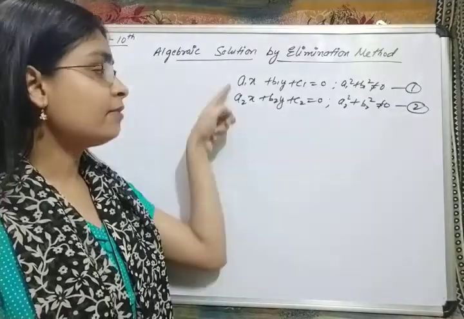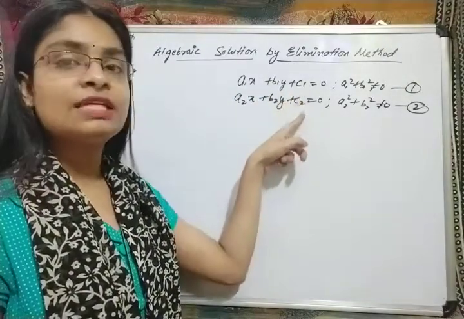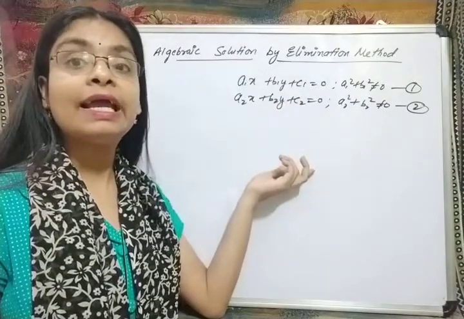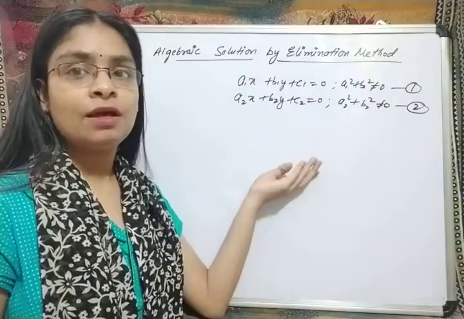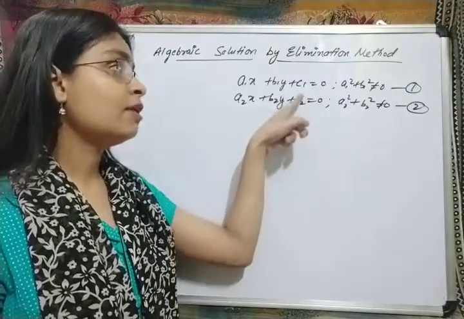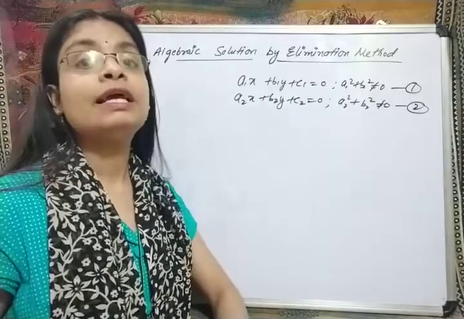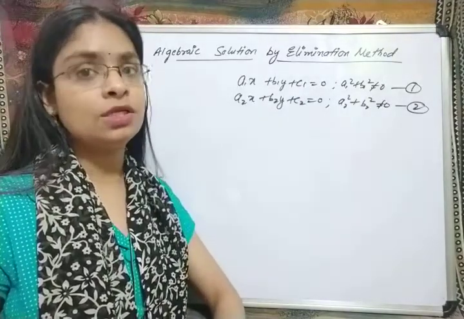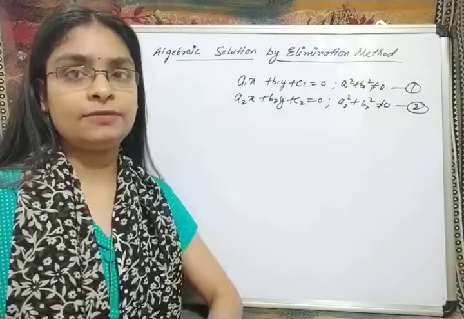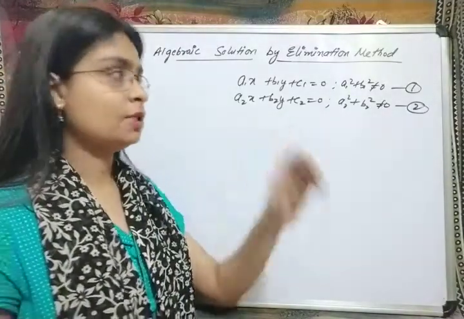And if a1 upon a2 is equal to b1 upon b2 is equal to c1 upon c2, then we get infinite solutions. And if a1 upon a2 is equal to b1 upon b2, which is not equal to c1 upon c2, then we get the inconsistent pair, that is, no solution. So first we have to check that. Now suppose in this we are getting the unique solution.